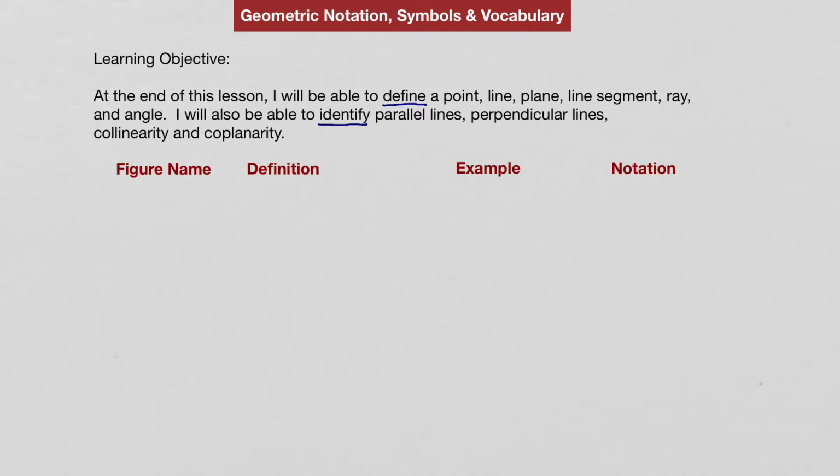So the first thing we want to go over is a point. A point is simply a location in space, and it's usually named by a single letter.